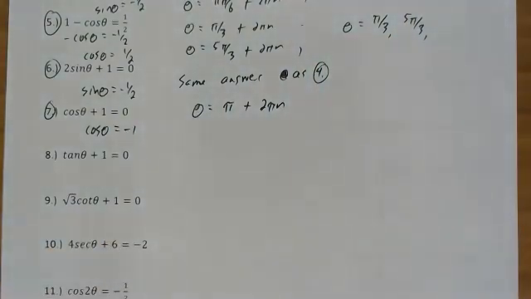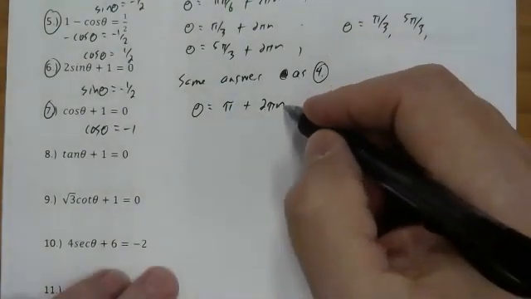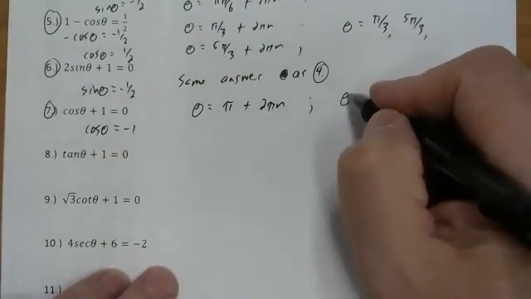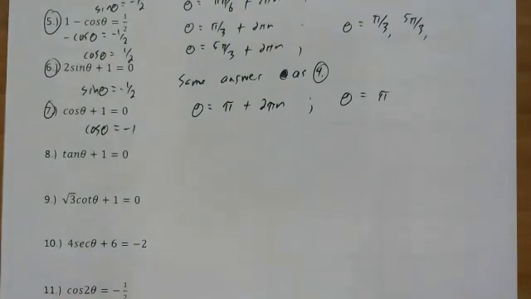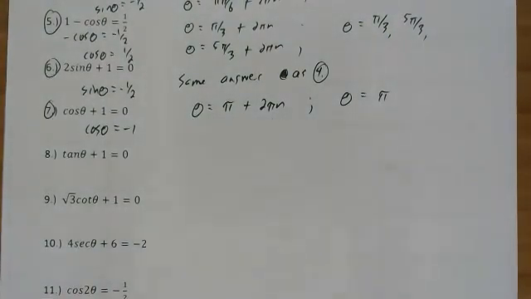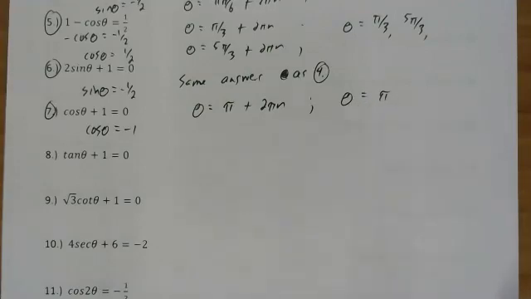Of course, I have to add the 2 pi in. So therefore, you start putting in numbers for n, when n is 0, you get pi. If n is 1, you get 3 pi. But once again, that's out of my allowable interval. So the general solution is just theta equals pi.